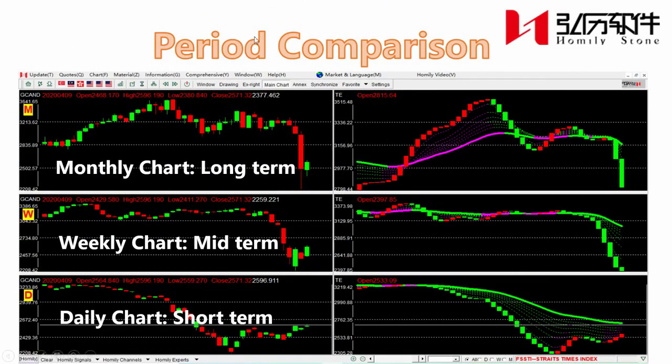So period comparison, long-term first. Monthly chart, 1 candle stands for 1 month, weekly chart, 1 candle stands for 1 week, and the daily chart, 1 candle stands for 1 day. So long-term, mid-term, short-term, the trend will be very clear. Long-term trend is bull or bear, mid-term trend is up or down, and the short-term trend has a chance or not.